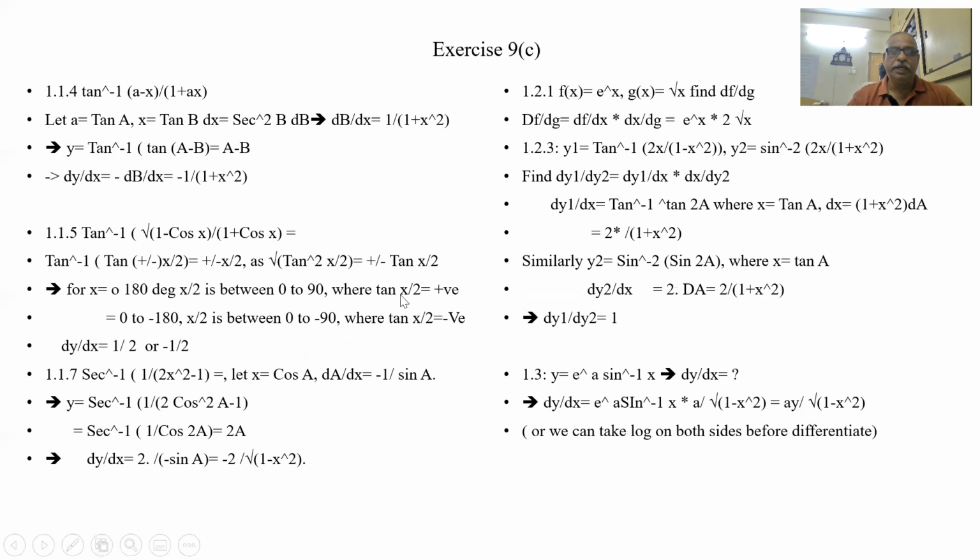So where tan x by 2 is positive, x between 0 to 180 degree, x by 2 is between 0 to 90 degree, that means positive. Between 0 to minus 180, x by 2 is between 0 to minus 90, where it is negative. So dy by dx is plus or minus half.